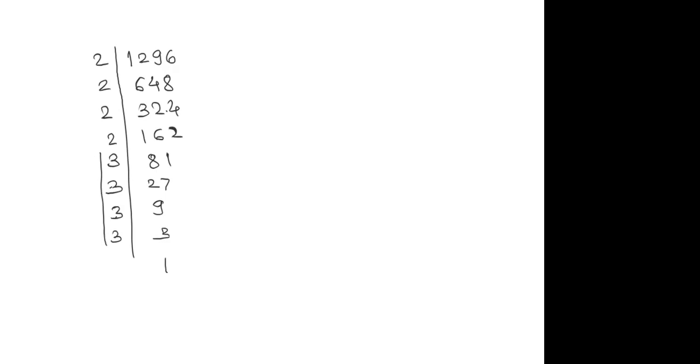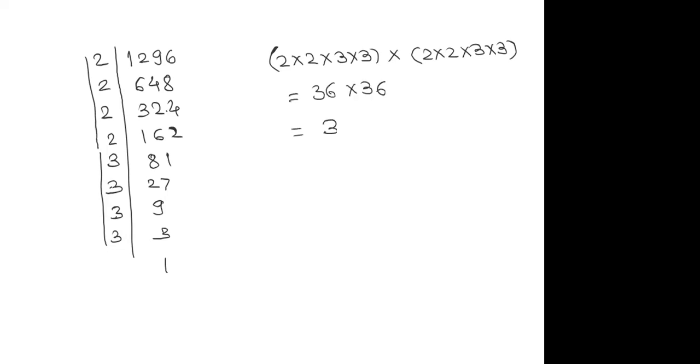So 4 times 3 and 4 times 2. We can write it as 2 into 2 into 3 into 3 multiplied by 2 into 2 into 3 into 3. So this is actually 4 into 9, that is 36. So this is 36 multiplied by 36, which is 36 square. That is square root of 1296 is 36.